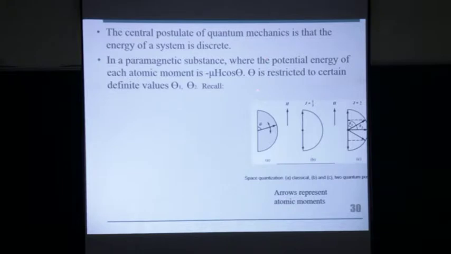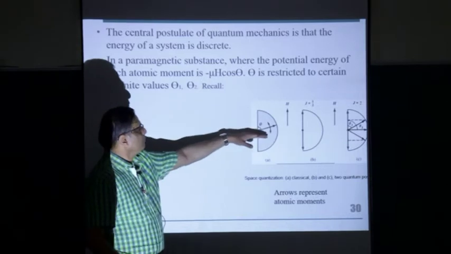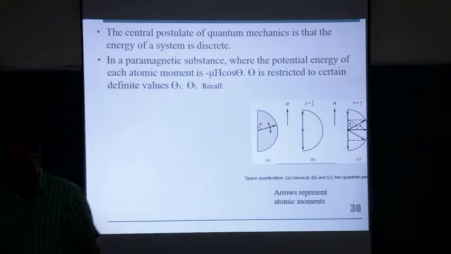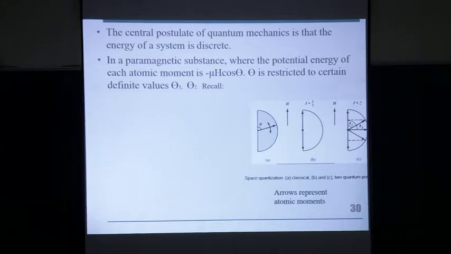But here the important thing is that theta cannot take any value. In the classical case, theta can be any value. But in the quantum case, theta is discretized. So there are several possibilities, right?